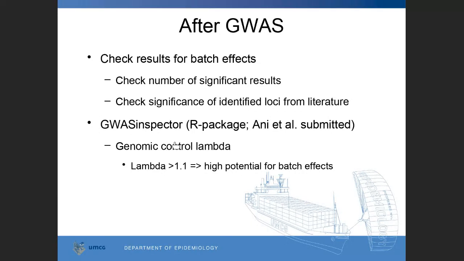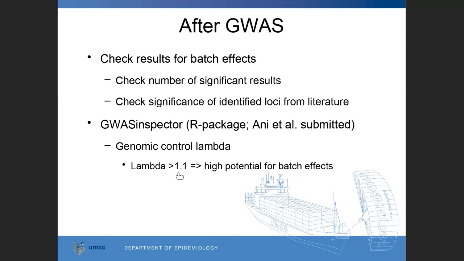And we developed a package called GWAS Inspector. Alireza Ani wrote this package, and we also submitted a paper to Bioinformatics, which is nearly accepted. One of the things that you find when running the GWAS Inspector is the genomic control lambda, which Robert was also talking about.